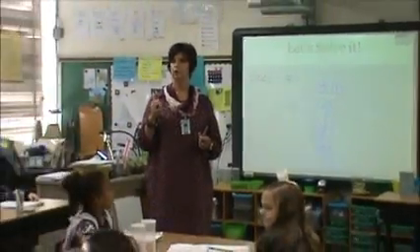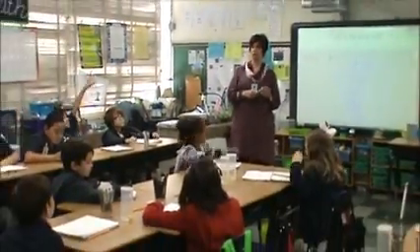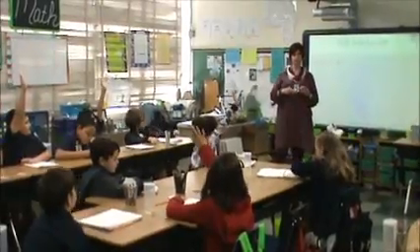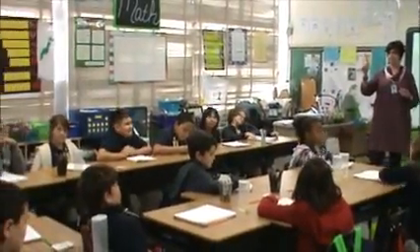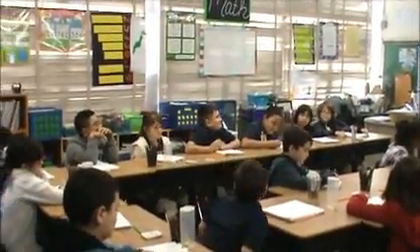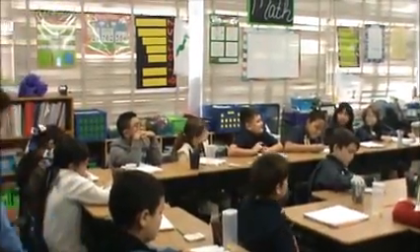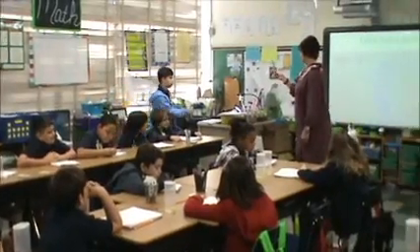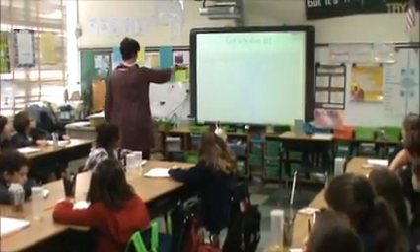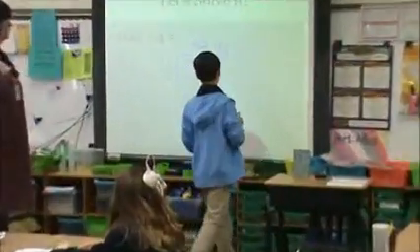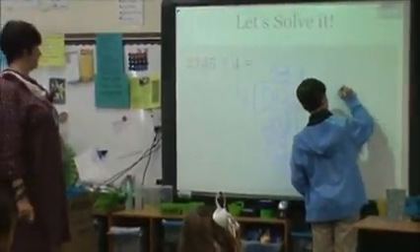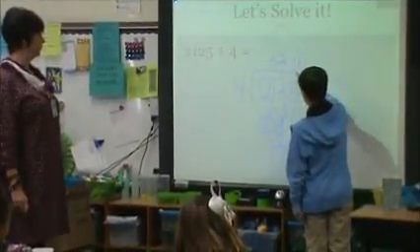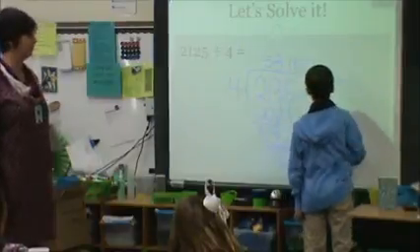Gregory? Multiplication. Who's going to do that multiplication check for me? Come on, Abram. The whole thing. What are you taking? 531 and multiply it by 4. Very good.